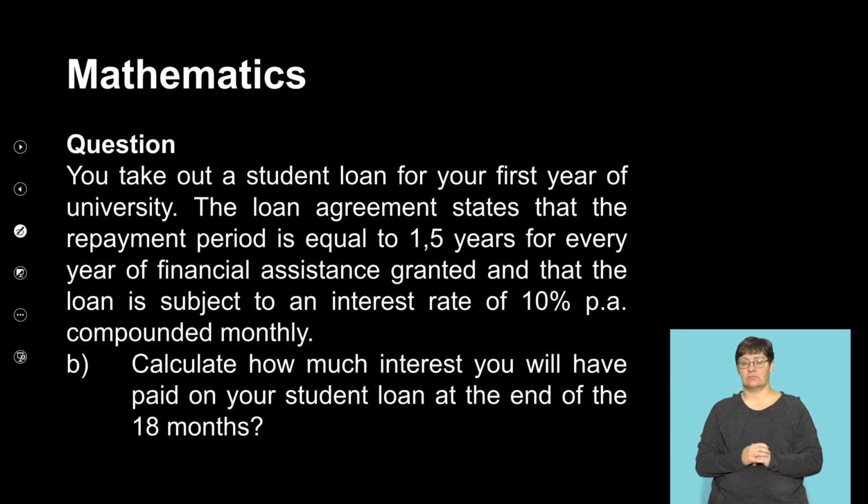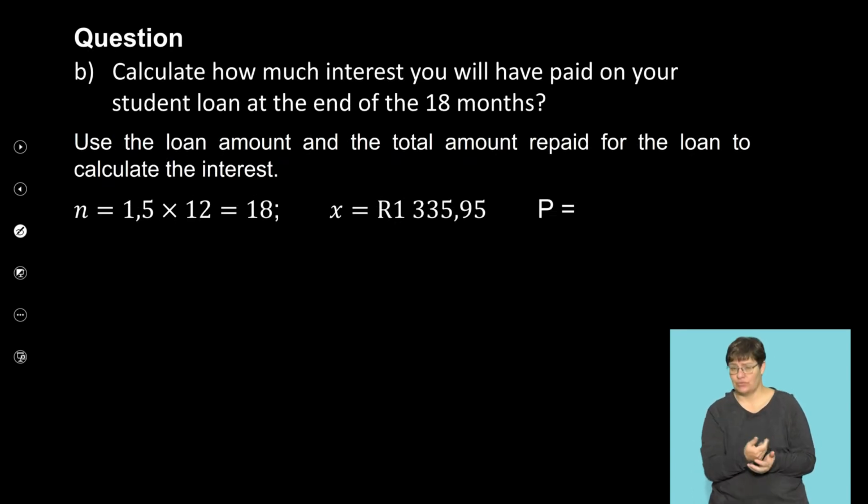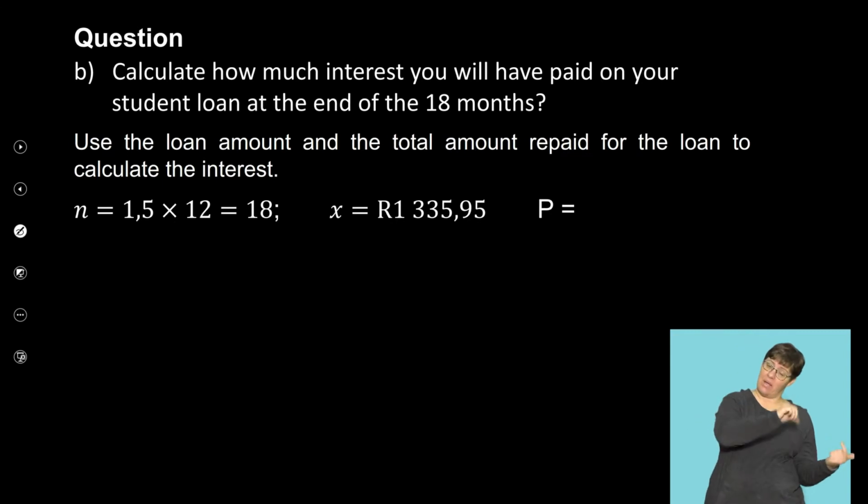And then if you do this, which is taking out this student loan that we spoke about, now I want you to know how much interest you have actually paid on your student loan at the end of these 18 months. So we need to quickly go back to what we know, right?